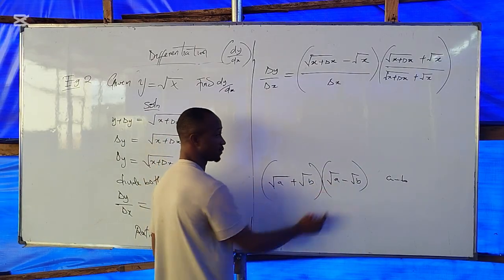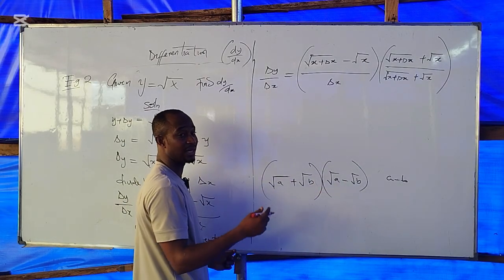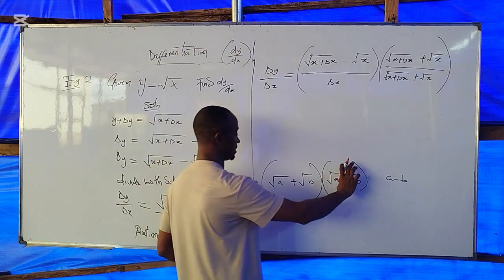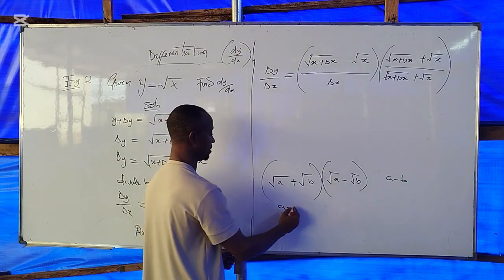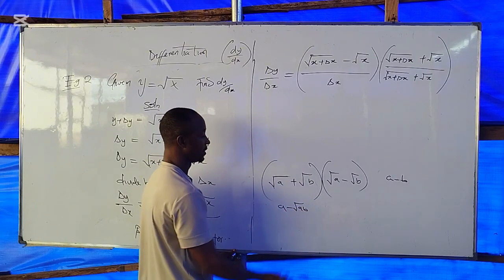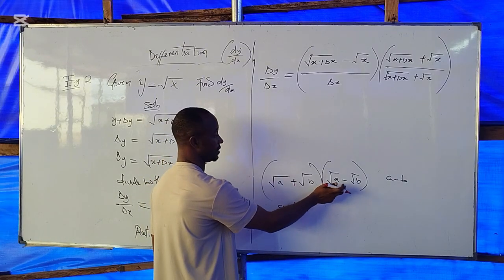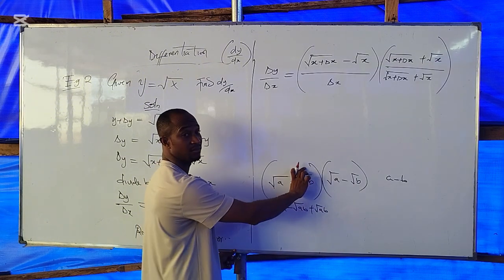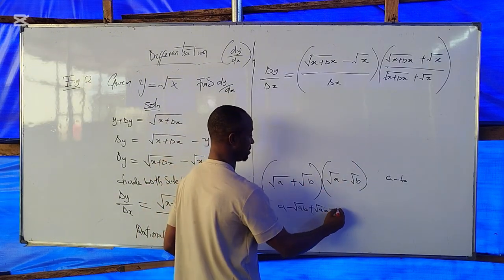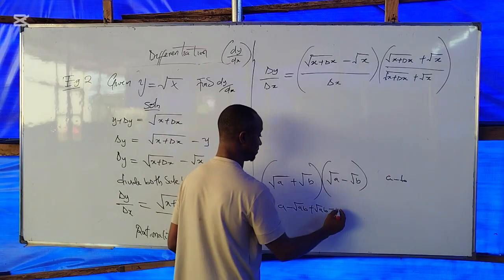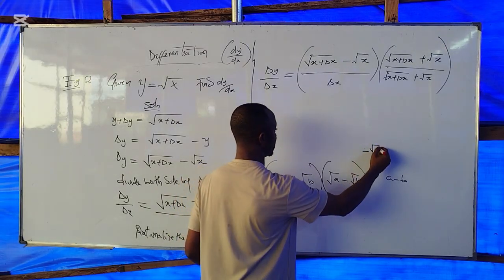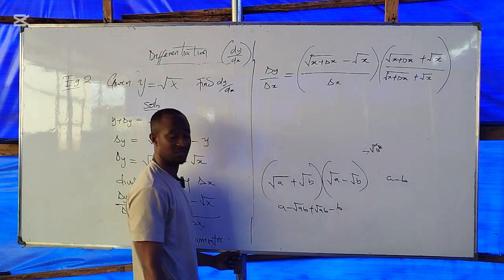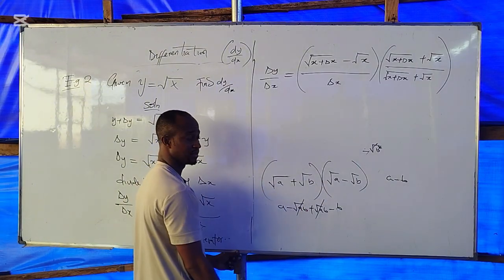Root a times root a is root a squared; square cancels square root, we have a. Root a times minus root b is minus root ab. Root b times root a is plus root ab. Root b multiplied by minus root b is minus root b squared; square cancels square root, we have minus b. Can this go with this? What do you have left?